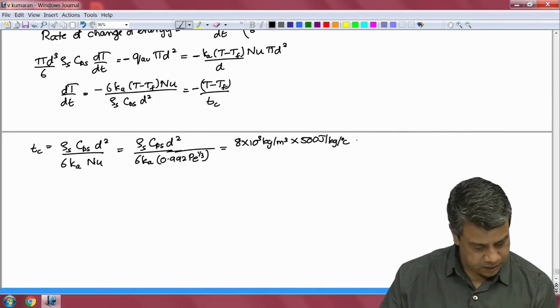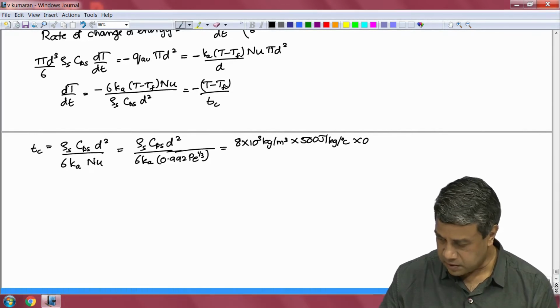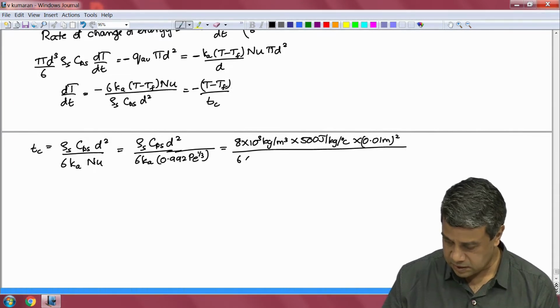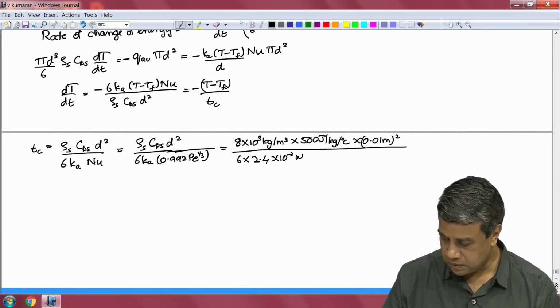Into d square, which is 0.01 meters the whole square, by 6 into 2.4 into 10 power minus 2 watts per meter per degree centigrade.